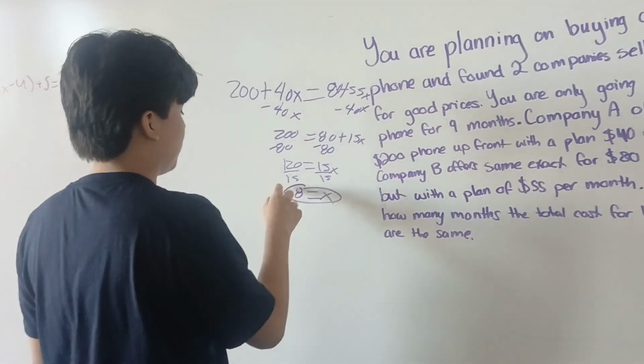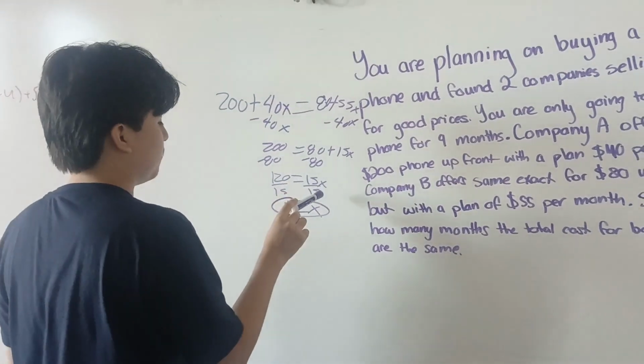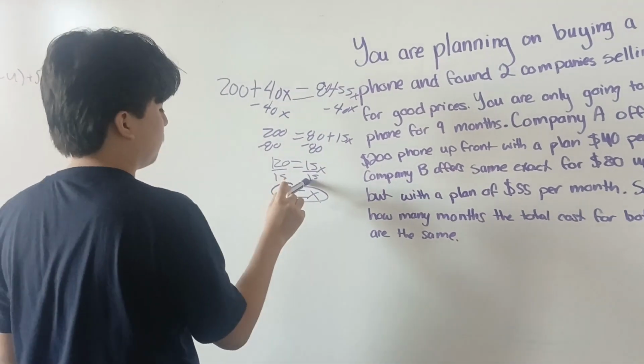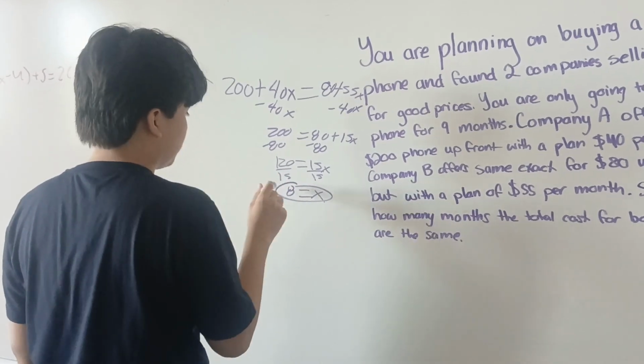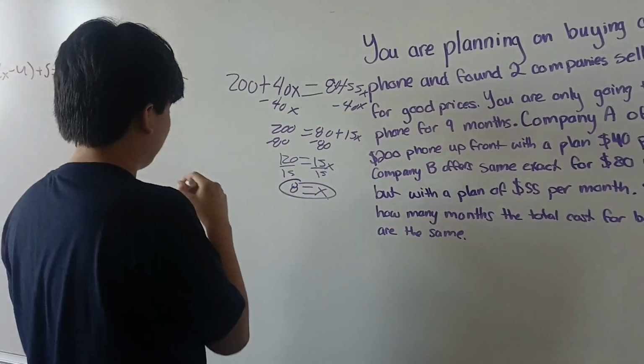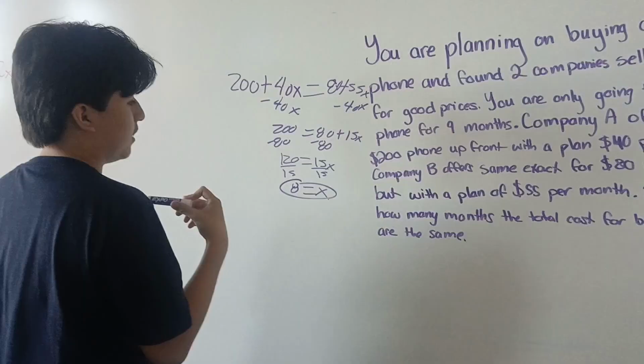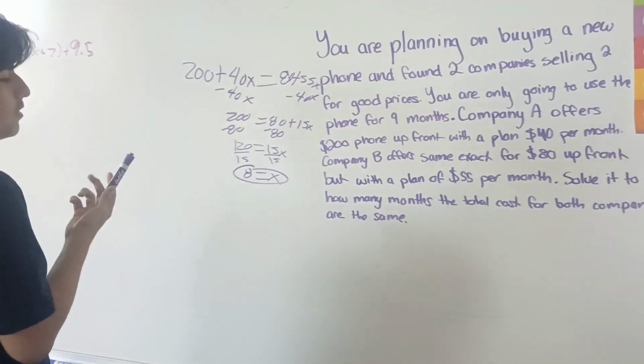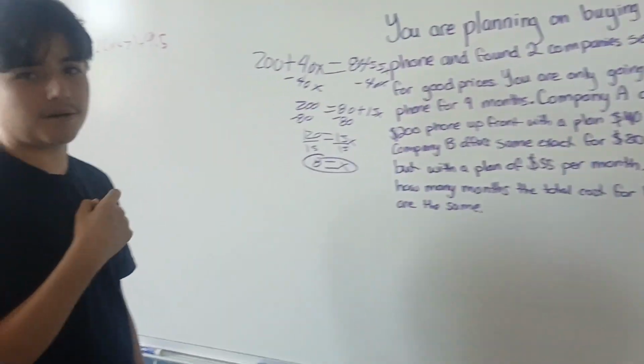Then I divided by 15 on both sides, which cancels out the 15, and 120 divided by 15 equals 8, and 8 months is when it costs the same amount for both companies.